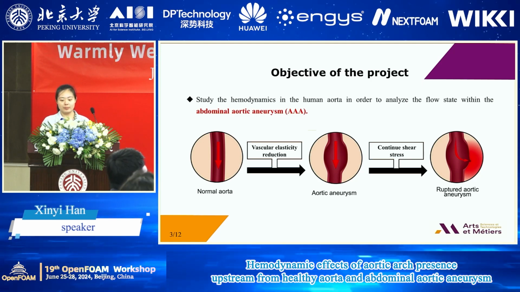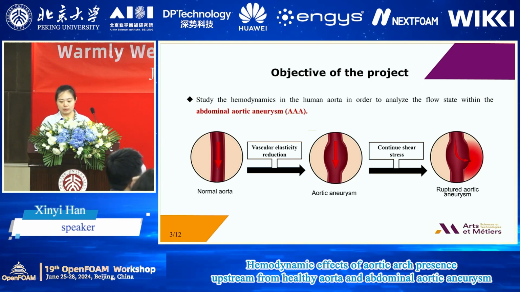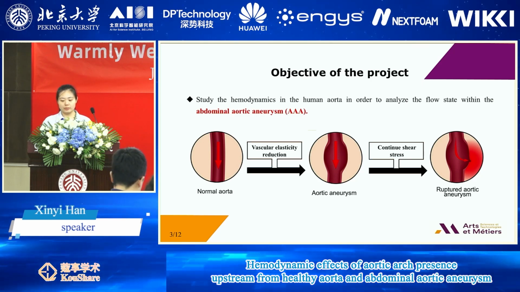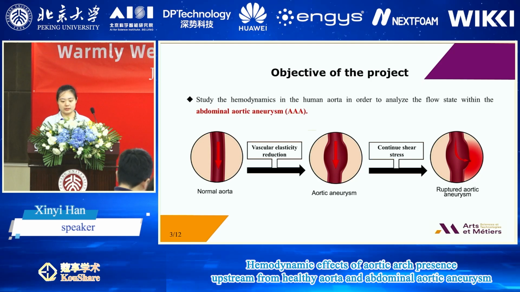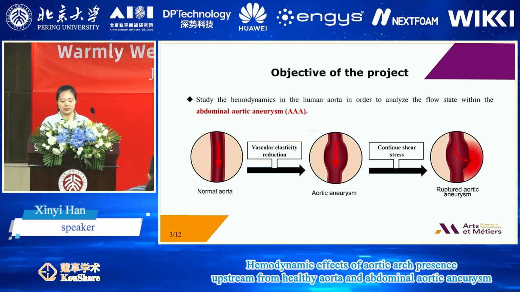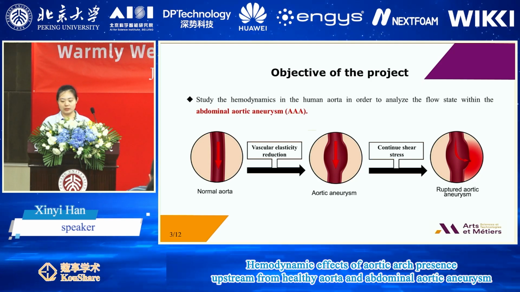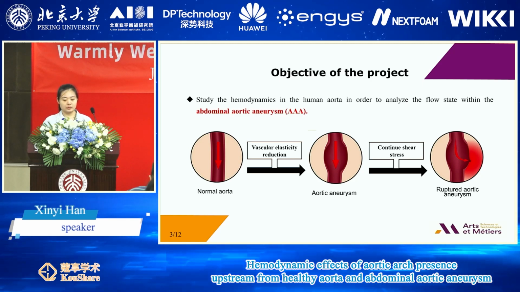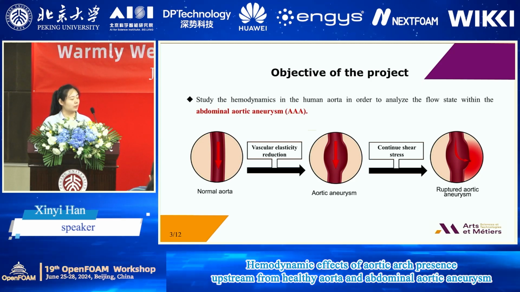Because of the high mortality after rupture, the development and the rupture of aneurysm are a severe threat for human health. Therefore, it's necessary to analyze the flow state in the aneurysm to clear the generation of aneurysm and predict the risk of development and rupture.